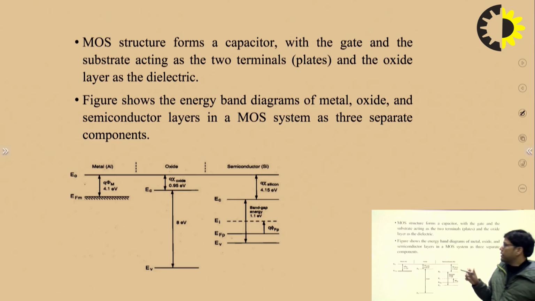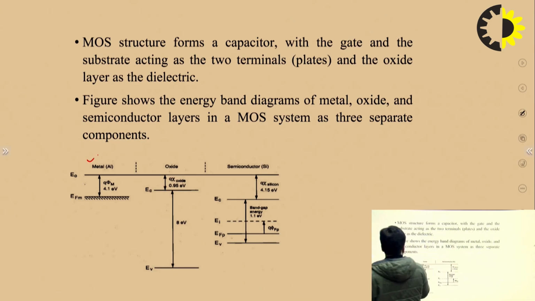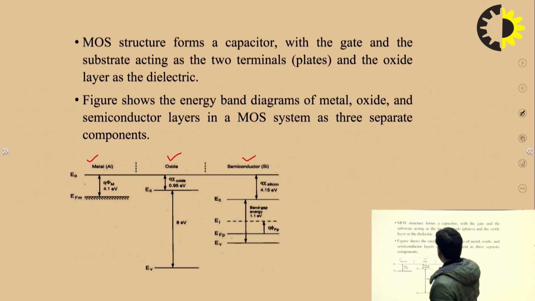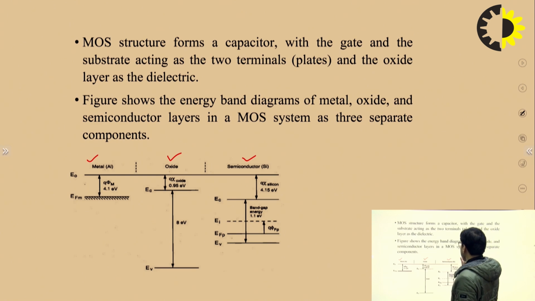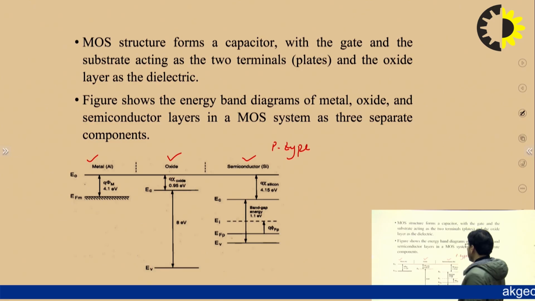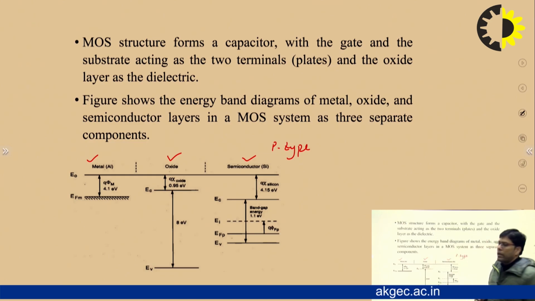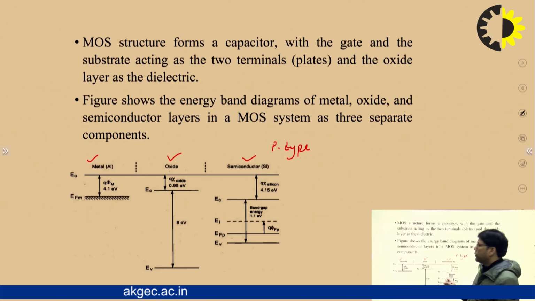You can see here, this is a metal layer, this is an oxide layer, and this is a semiconductor layer. Here we have taken the p-type semiconductor. As we know, an insulator has a very large energy band gap, or forbidden gap, so there is no concept of Fermi level in the case of the insulating layer material.